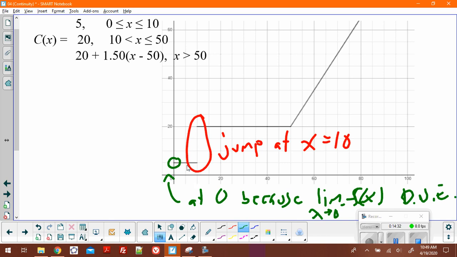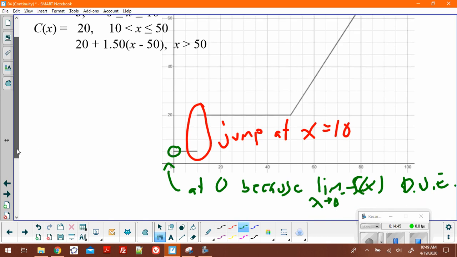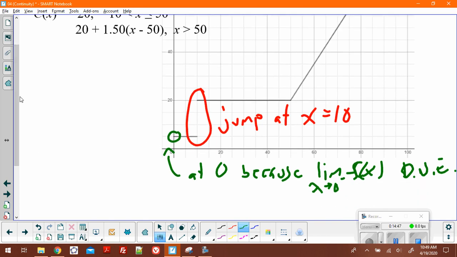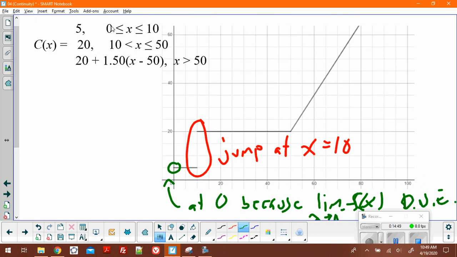If you want to get technical, it's discontinuous here because there is no left-hand limit. I cannot approach from the left side because there's no function on the left side of the graph. This one is not super important in this case because our domain starts at 0 and goes off. So it's not the end of the world. You can start your pencil here and go forward.